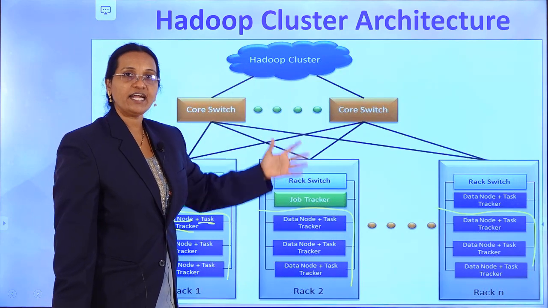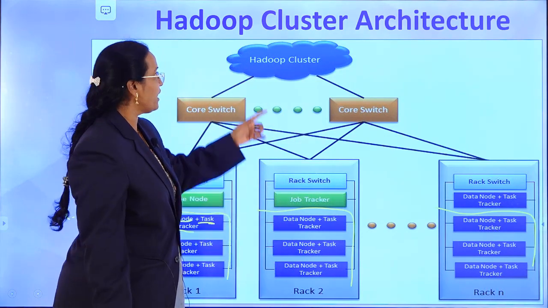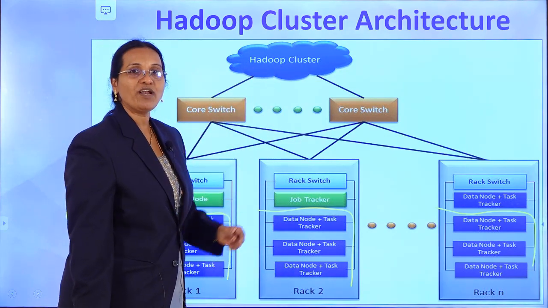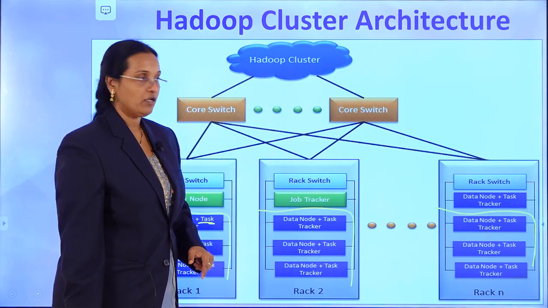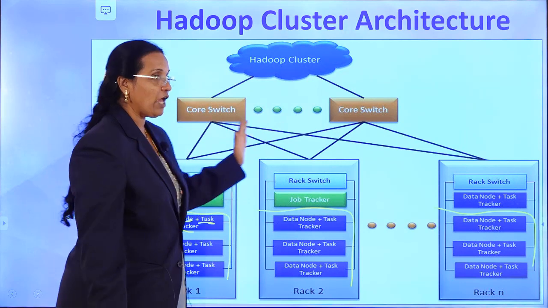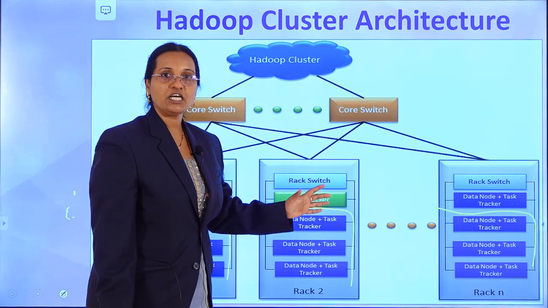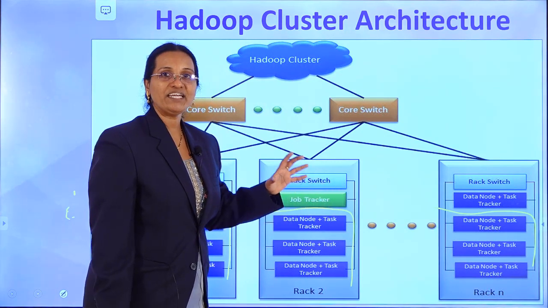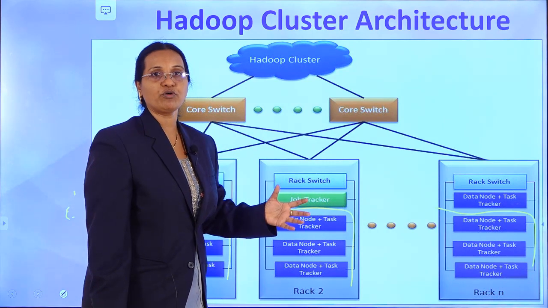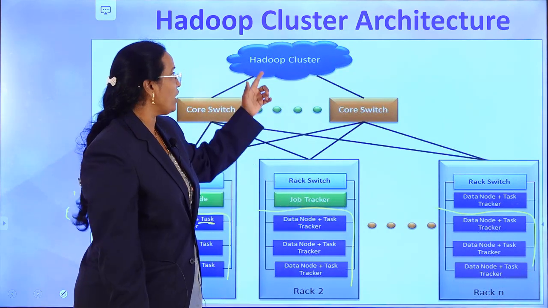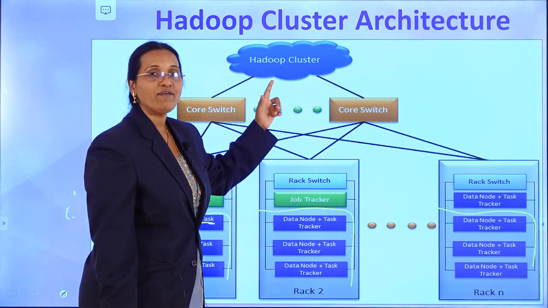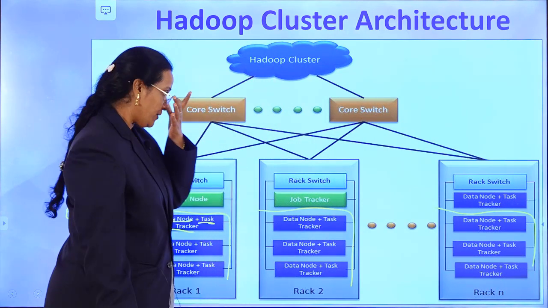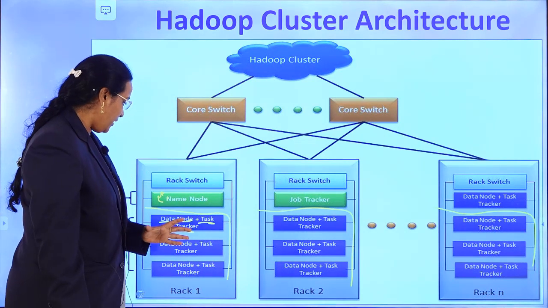If I want to connect that cluster also, I am going to make use of the Hadoop cluster as a cloud. Through the cloud I am going to make a connection, because with the cluster I have established, I couldn't complete my task, so I require additional support. For that purpose I will go to the cloud, and through the cloud I will connect to another cluster, right.